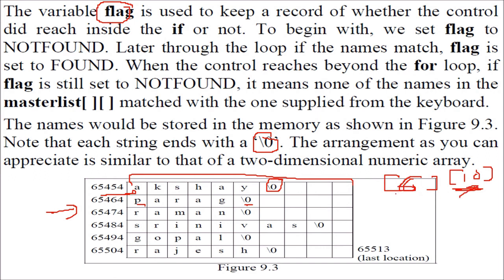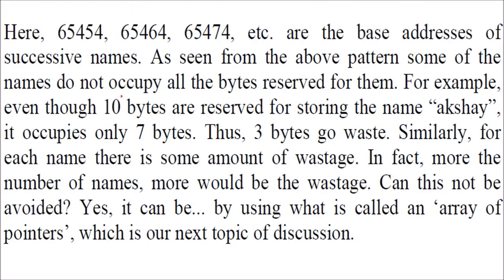See, 54 is there, next comes 64, then 74. So there is a difference of 10 bytes. But here 3 bytes are wasted, here 4 bytes are wasted, 4 bytes, 1 byte, 4 bytes, 3 bytes. Because we have given 10 bytes, for the first name only 7 bytes are occupied along with your \0, the ending character.